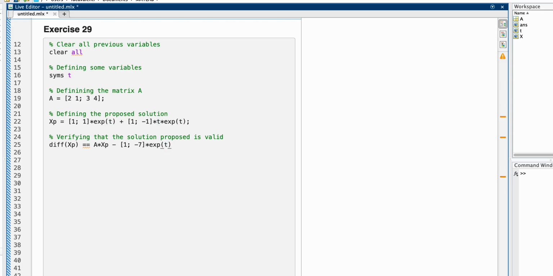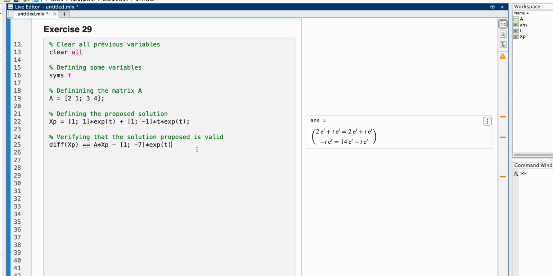I want this to output, so I won't put a semicolon here. I press Control Enter. MATLAB will execute the commands in this order, and I want to see if the left-hand side is equal to the right-hand side. We're seeing here that this is equal, but is this side equal? It doesn't look like it is.